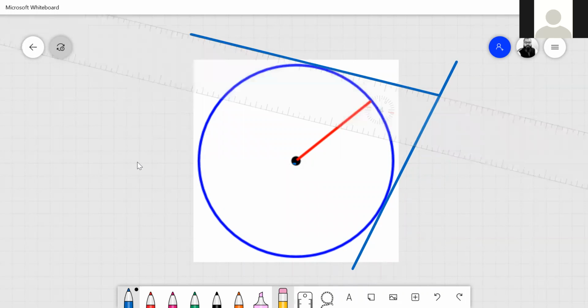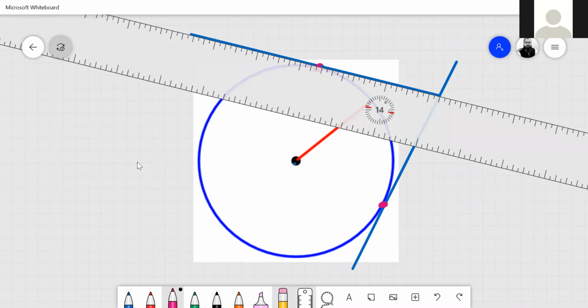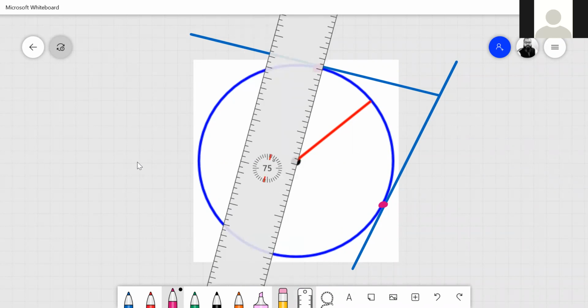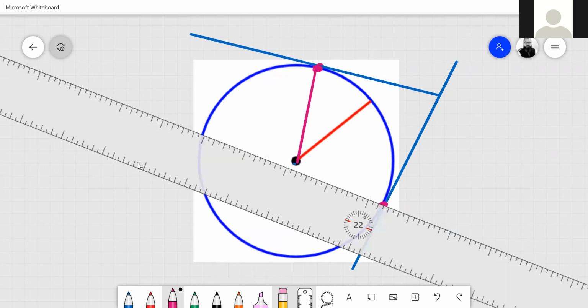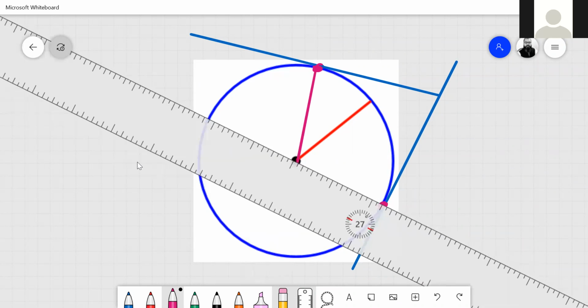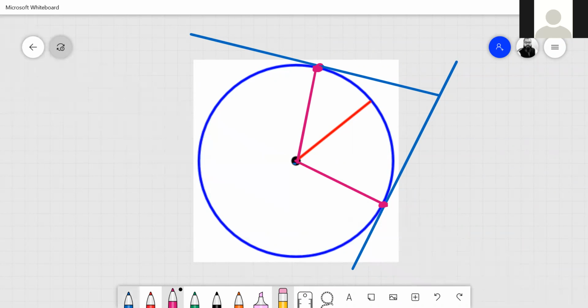These are the two tangents which we draw. One is touching at this point. One is touching at this point. And from here to here, what should be the angle at this point? 90 degrees.